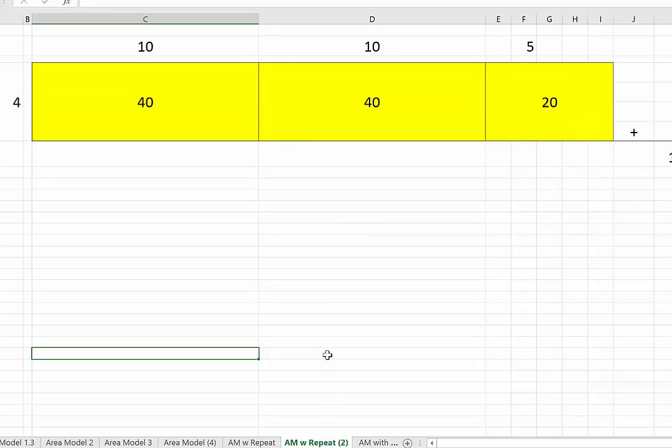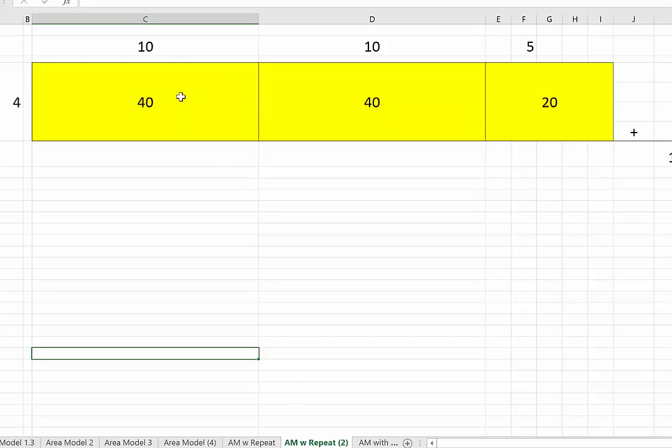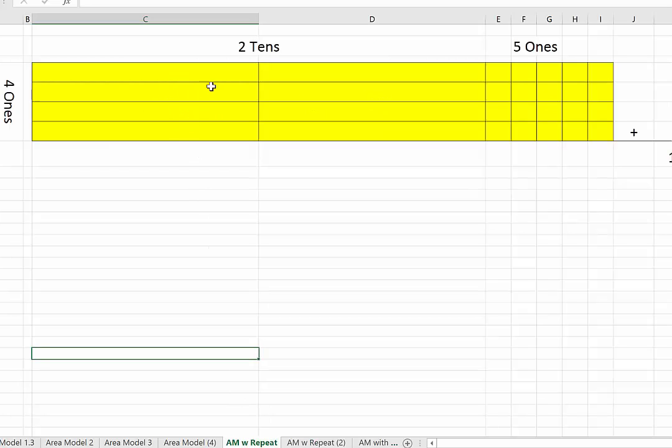Now, as we move forward, yet again, we can take this diagram and start looking at this in terms of just 10 times 4 is 40, 10 times 4 is 40, and 5 times 4 is 20. We're starting to look at the area of the rectangle in a more holistic sense, rather than looking at it in these rods and units.